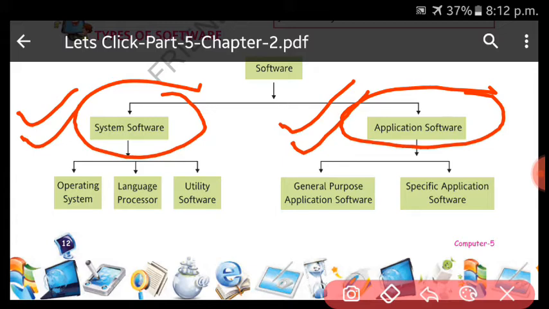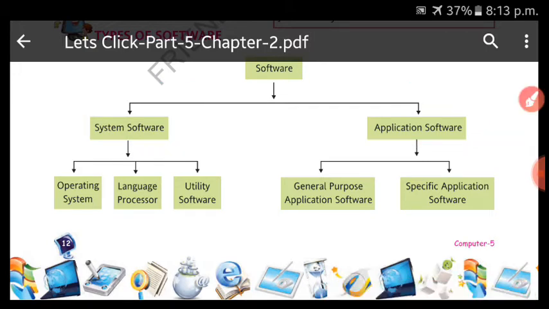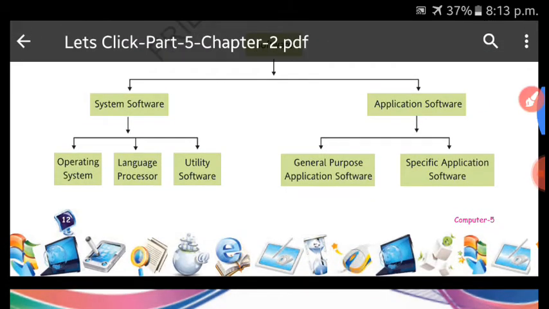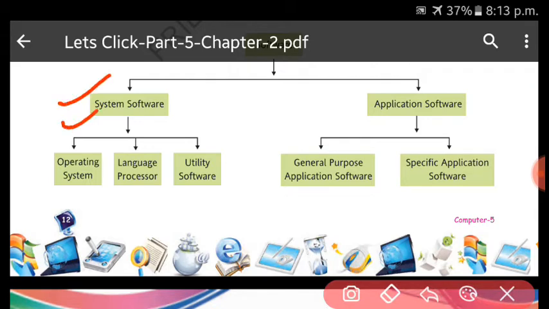But application software runs over the operating system, that is Windows. Again I am explaining, application software runs over the system software, that is Windows, for your purpose, for your work. Remember that. So again, system software is developed for the system to make the hardware workable.